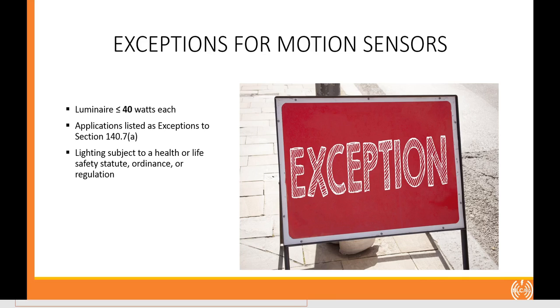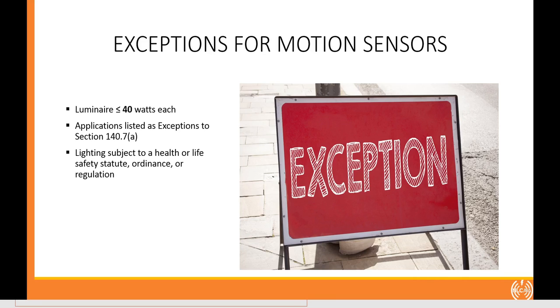But those lights typically you can find under 40 watts, and you can still achieve proper, safe illumination for those areas. So I say go after this exception if possible. If not, then try to look for fixtures that have the integrated sensors already in them to simplify this need to have sensors installed in addition to fixtures.